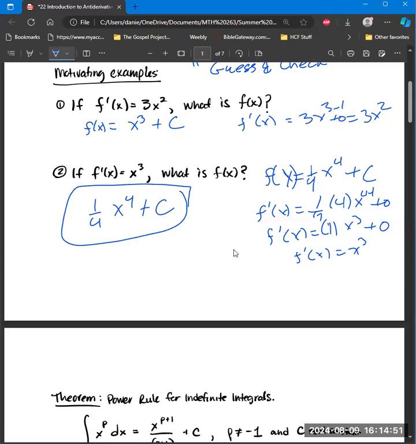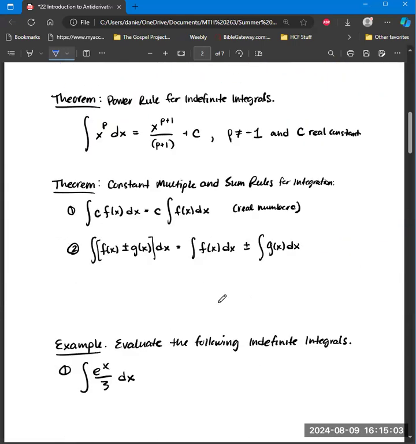My antiderivative for the earlier example is going to be x cubed plus c. All right, so now that we've taken a look at some of that, let's look at a rule that helps us to not have to guess and check.